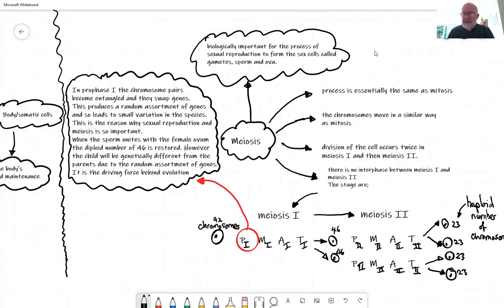And the chromosomes move in a similar way to mitosis, except in the second division of meiosis, instead of being pulled this way, the chromosomes are actually pulled at 90 degrees.